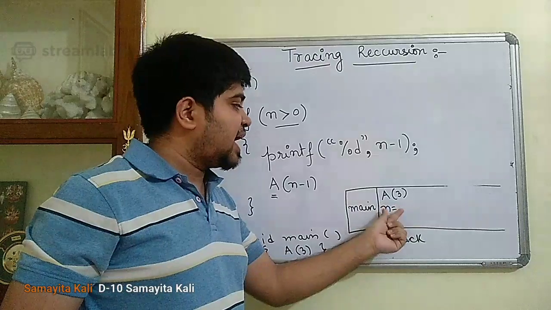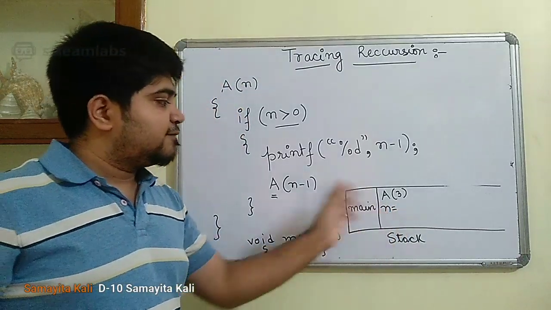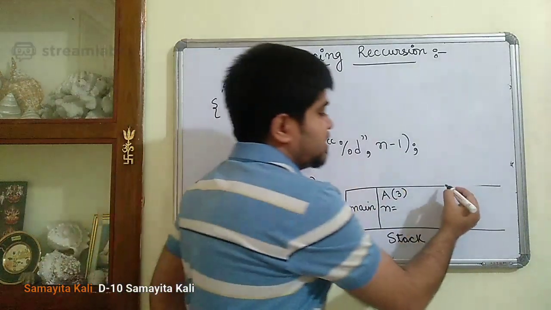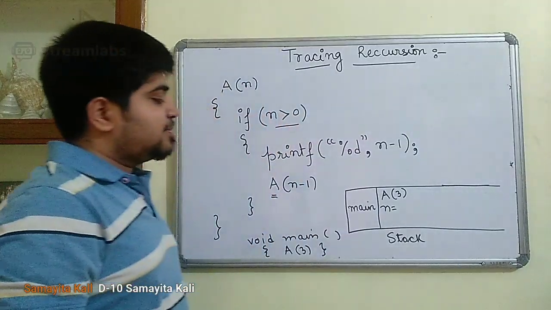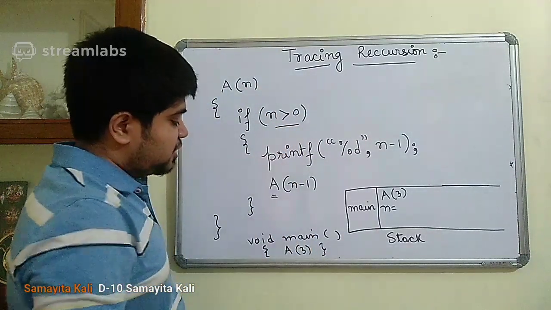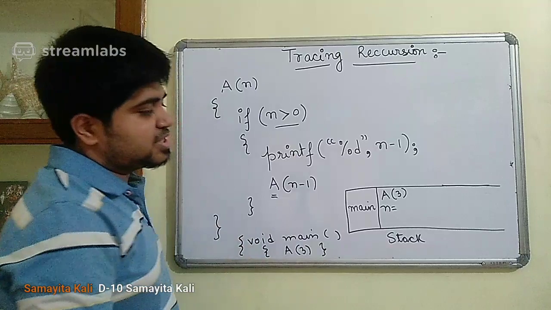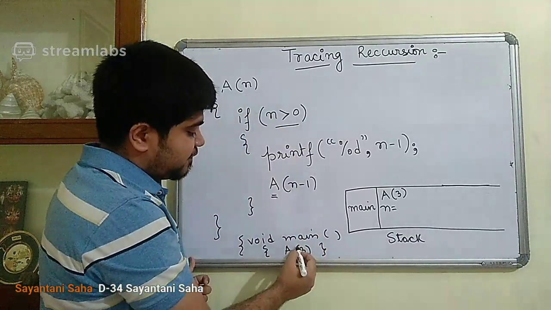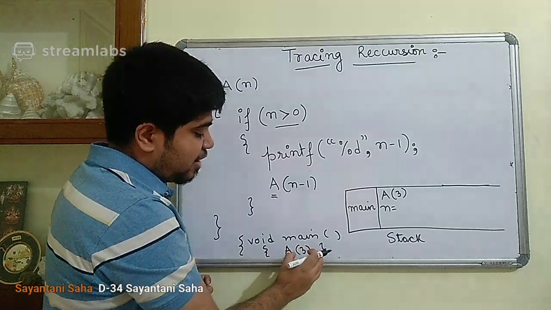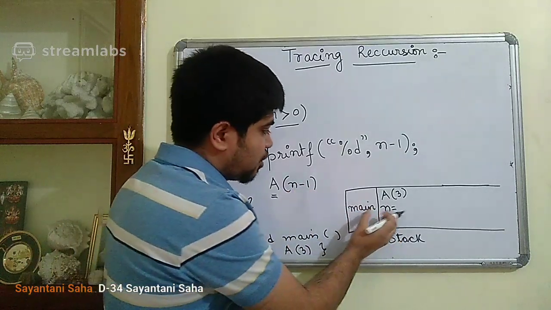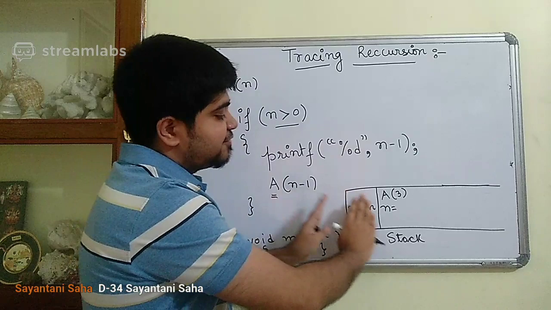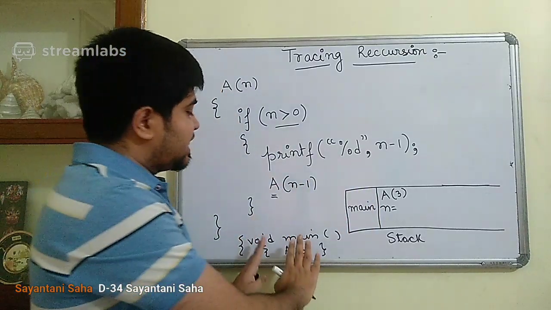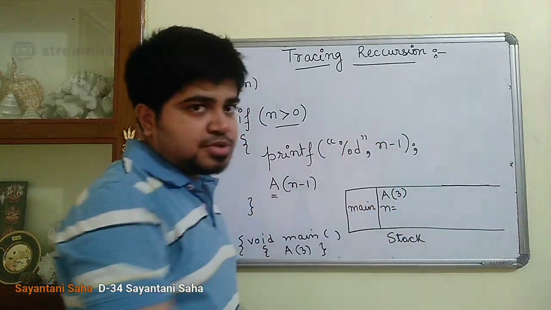This is the stack memory. Within the stack memory, first the main function is pushed into the stack. The main function is calling A with 3. So first an instance of main is pushed into the stack, then A of 3 is pushed into the stack.